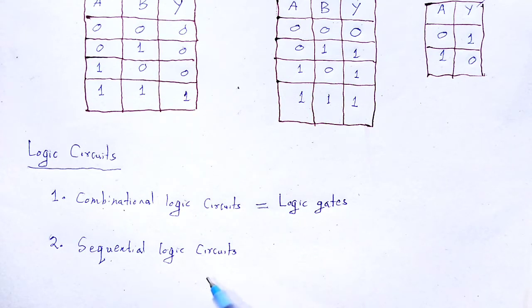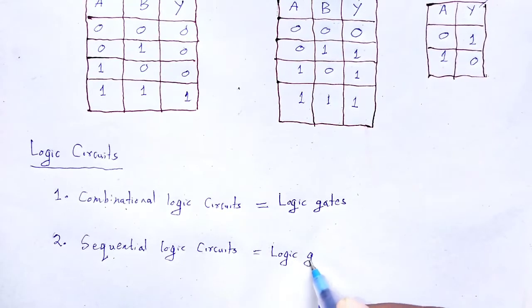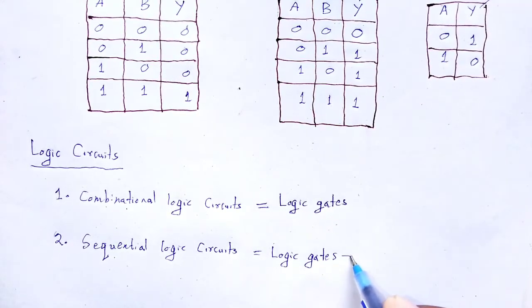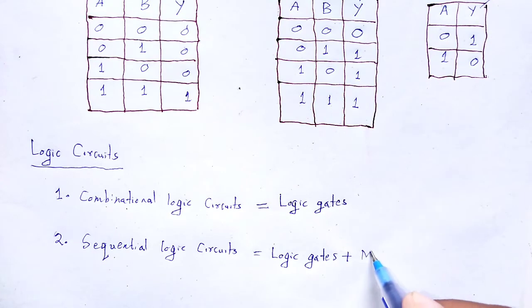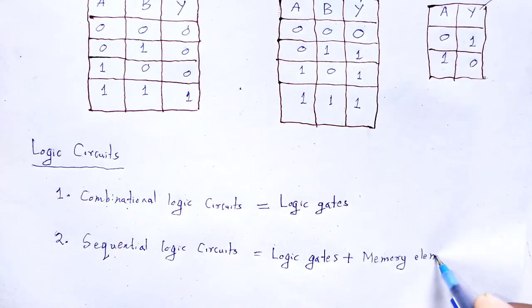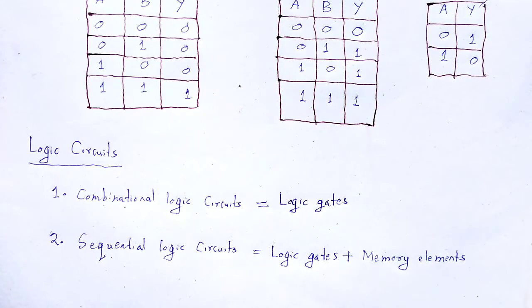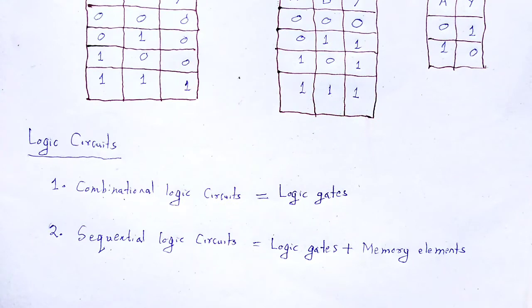But in case of sequential logic circuits, we have both logic gates as well as memory elements. Memory elements are those devices which are capable of storing binary information within them.